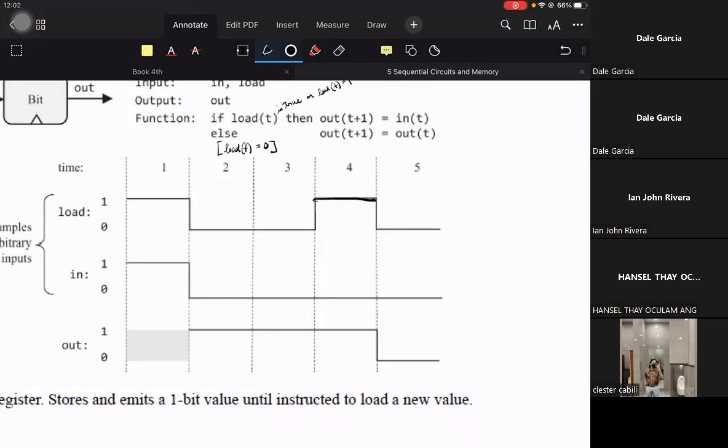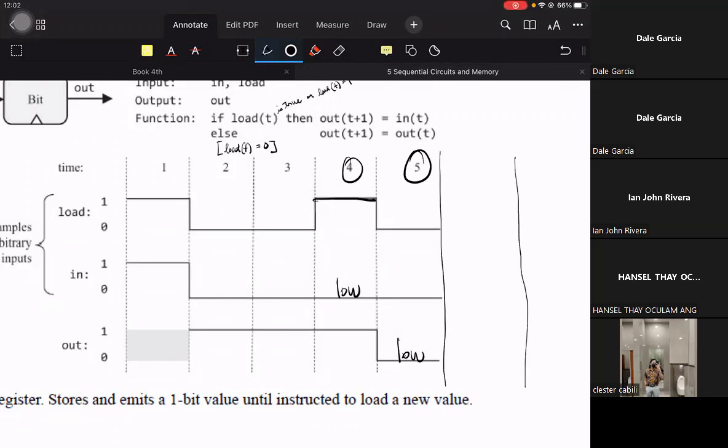In the fourth cycle, the input pin is low, meaning in the fifth cycle, the output will copy that state, low, until load goes high again.